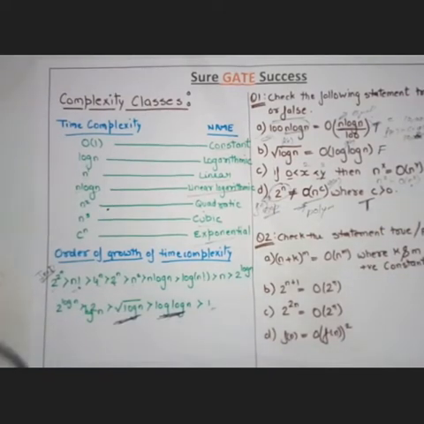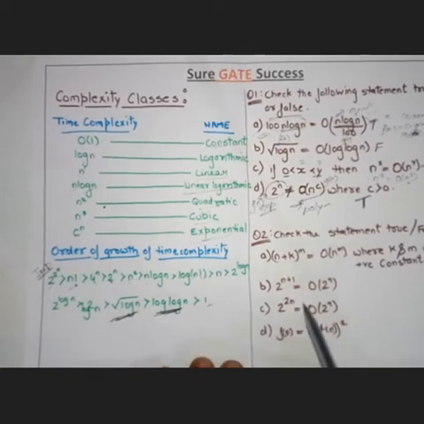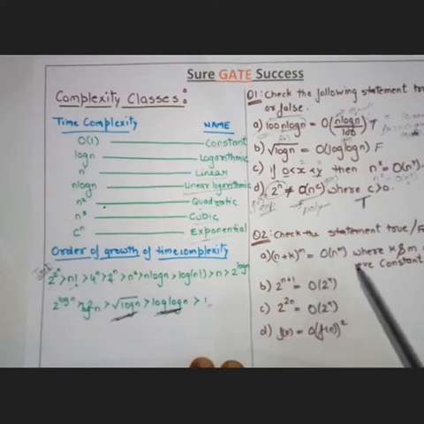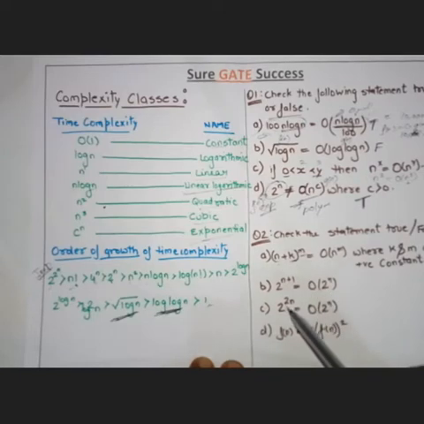So let's understand the second example. Second question. In the second question, we have to check again which statement is true and false. So come to option A. If we expand this, what do we get? n to the power m, k to the power m, and so on. k is a constant, m is a constant.